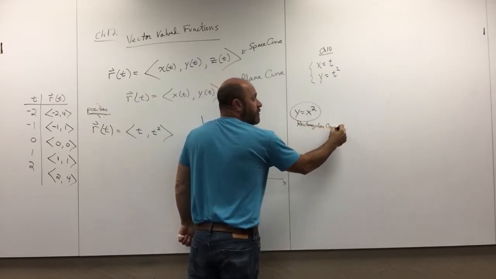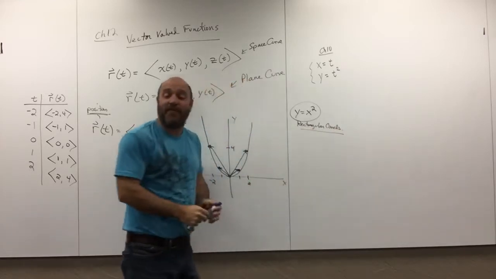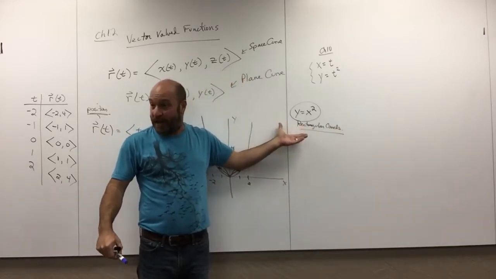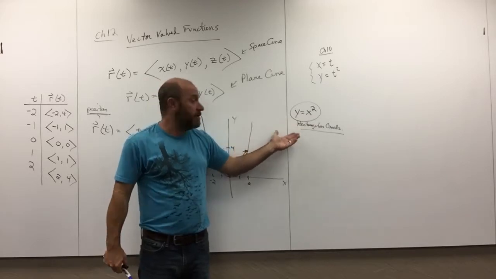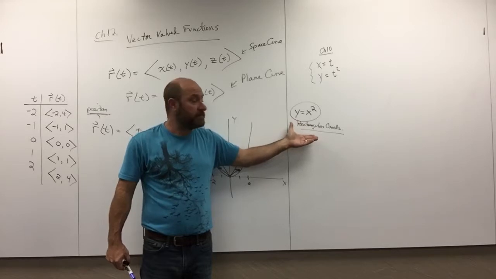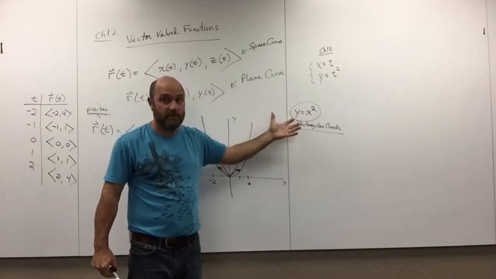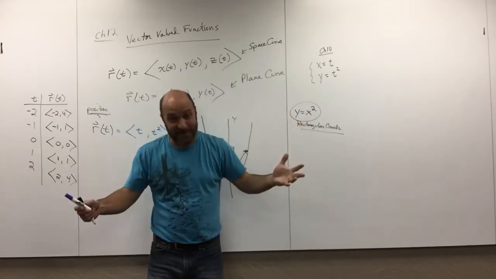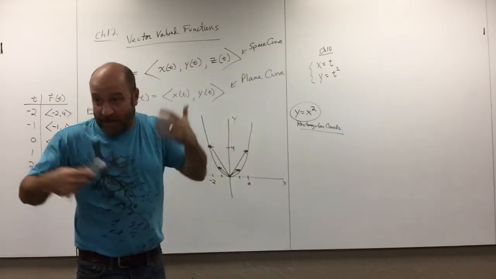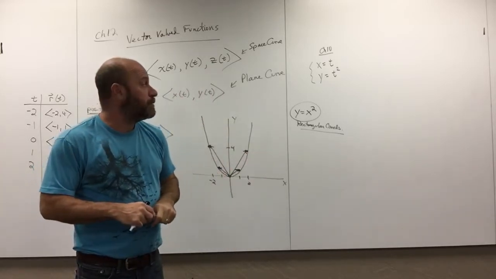You might never have had a name for that back in the day, but good old xy relationships are called rectangular equations. The xy coordinate system is the rectangular coordinate system. Our x, y, and z are the rectangular coordinate system.